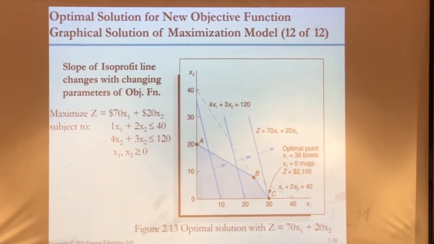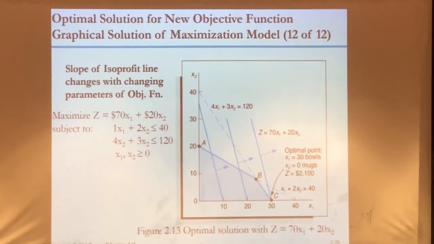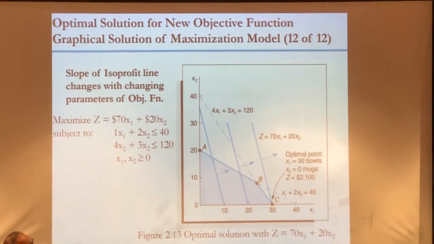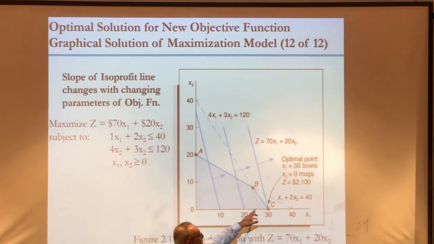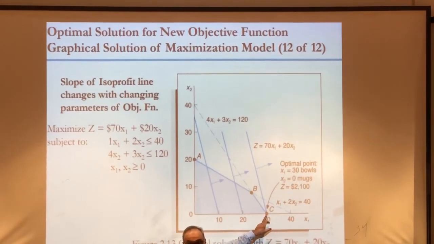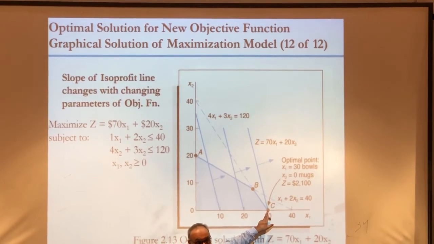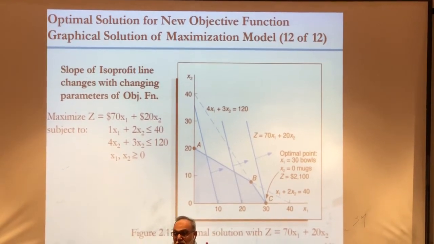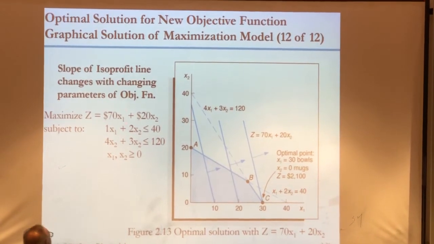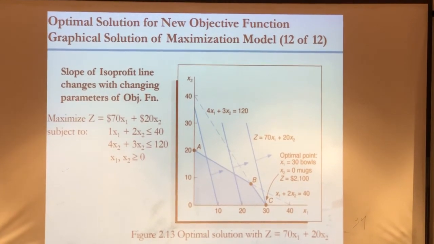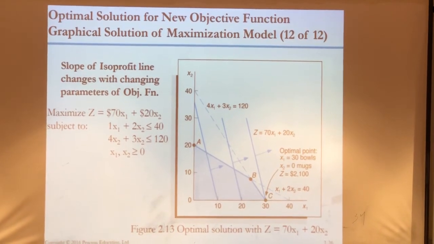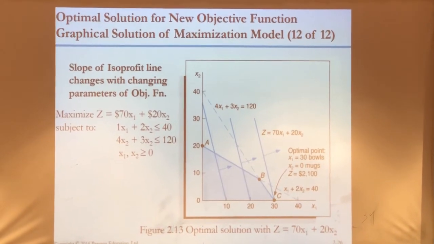Now, when these parameters are changed, you can see the slope of the isoprofit line has been changed, and if you draw parallel lines again and move away from the origin, the last point hit is not B now, it is now C. So the optimal solution is now at point C, not at point B. So this means that by changing these parameters of the objective function, the slope of the objective function will change, and it can change the corner point from one point to another corner point. Okay.